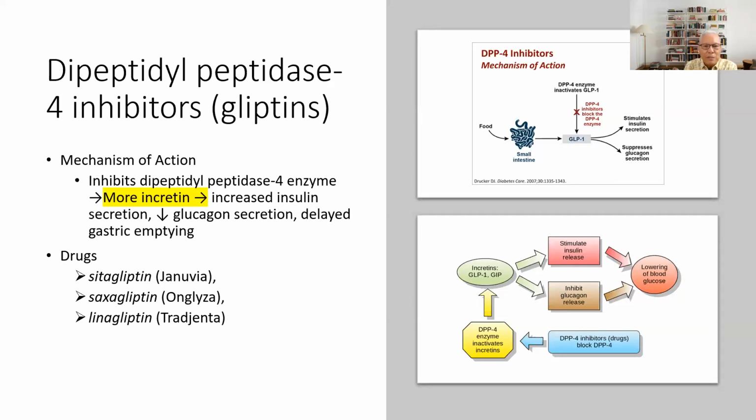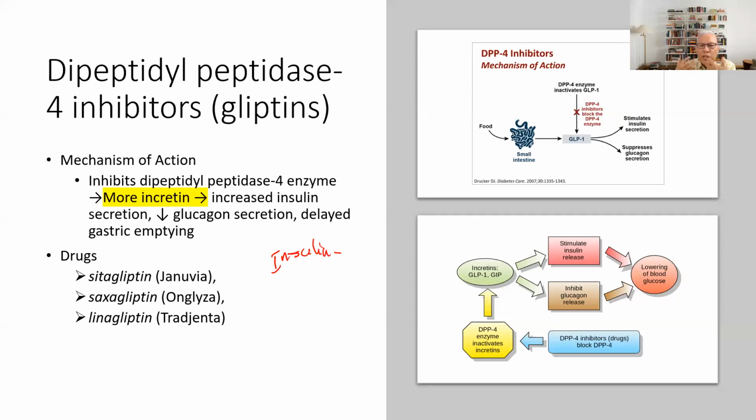The enzyme DPP4, if you inhibit it, you're going to have more incretin hormones. And having more incretin hormones, you're going to increase insulin secretion, decrease glucagon secretion, and delay gastric emptying. So when insulin is released in the pancreas, another substance is also released, and those are called incretins. These are hormones as well.